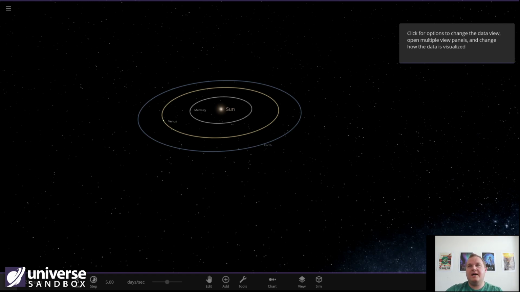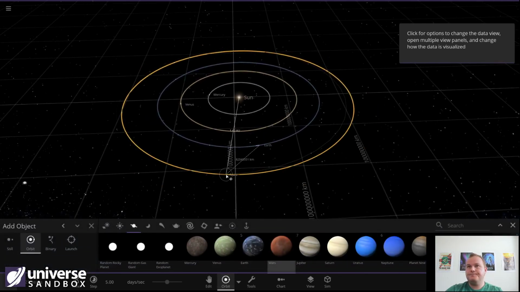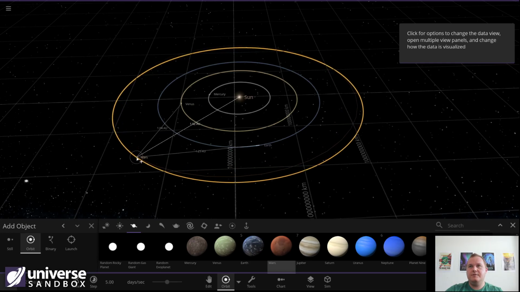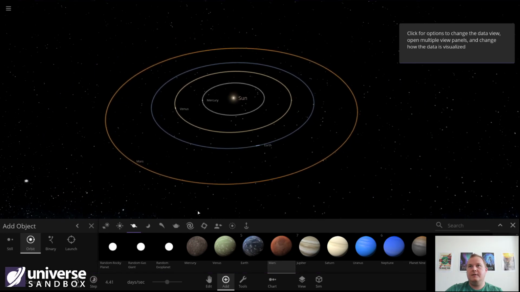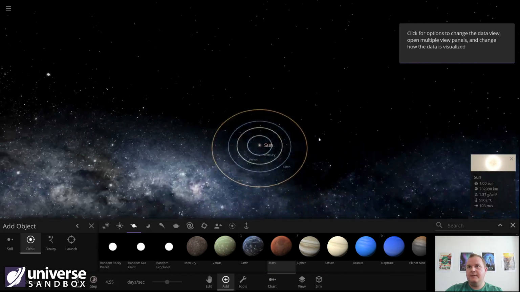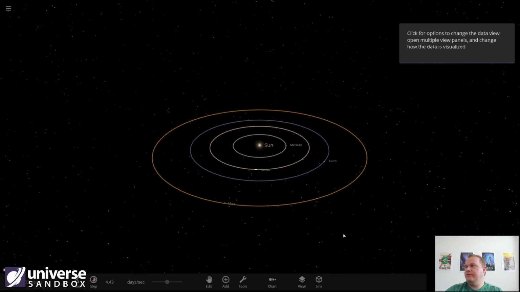So it's 1.5 times farther from the Sun than the Earth is. So we can add Mars. 1.52 AU, so 152, right about there. Perfect. So that's Mars. We want to focus on the sun so the planets don't run away from us. Okay, so there's Mars. We're going to get rid of our menu down there so we have a nice view of it.